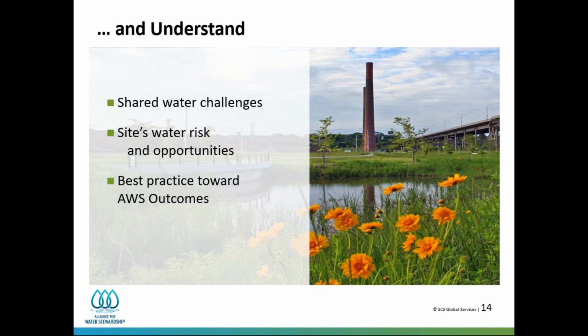And then the second part of step 1 is understanding. And here you are understanding your water challenges, you're looking at shared water challenges, looking at risks and opportunities at this point. And again, you're looking at your best practices towards the AWS outcomes. And this is the new criteria that's been added beginning in step 1.